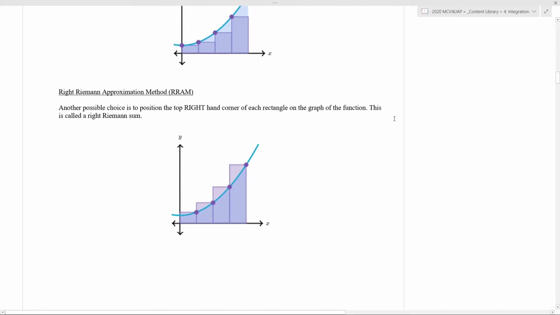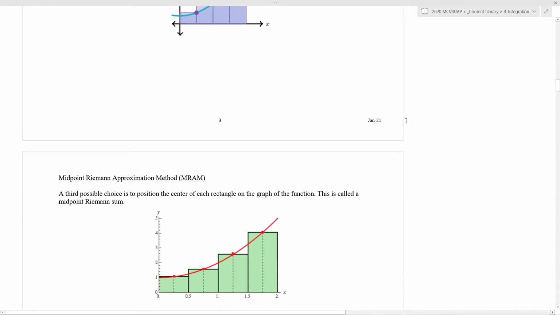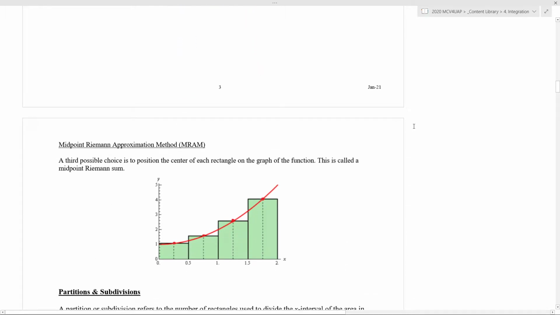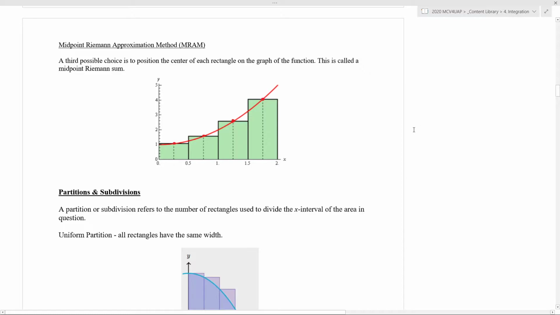The third method is a midpoint rectangular approximation method. And what we use there is the center of each rectangle lining up on the graph. And you can see from the diagram, the midpoint of each rectangle forms the height of each rectangle.